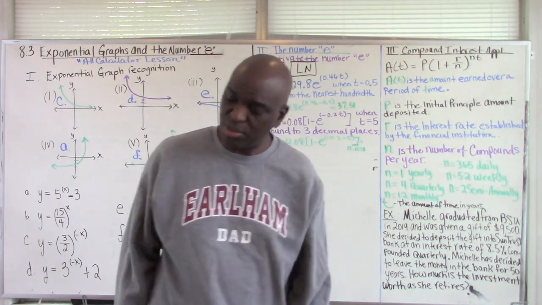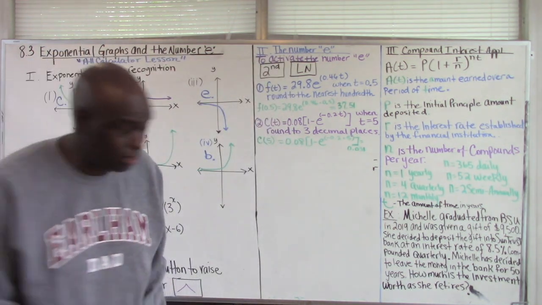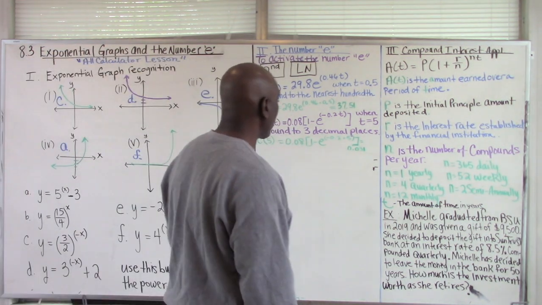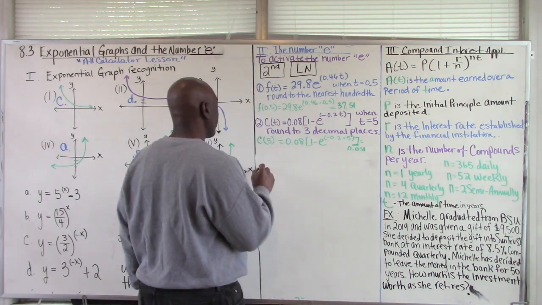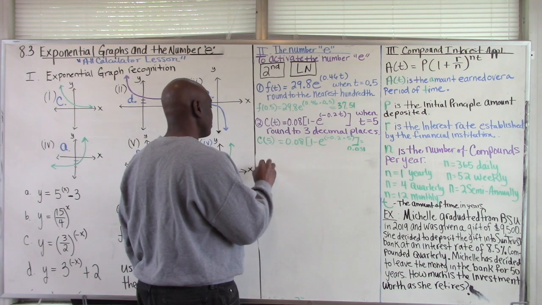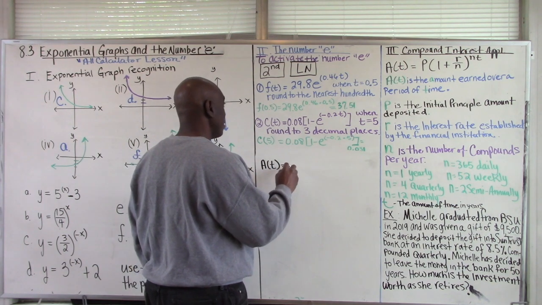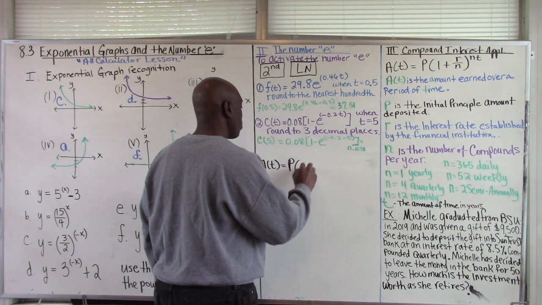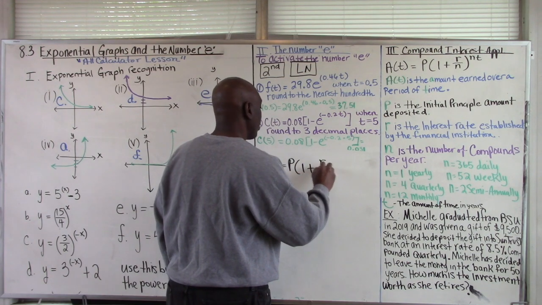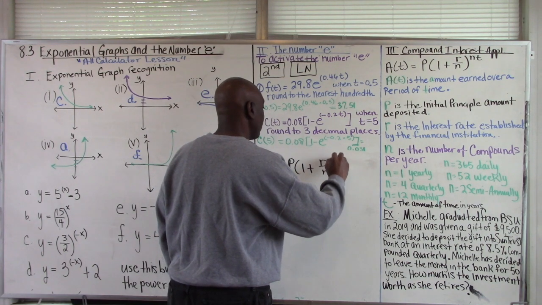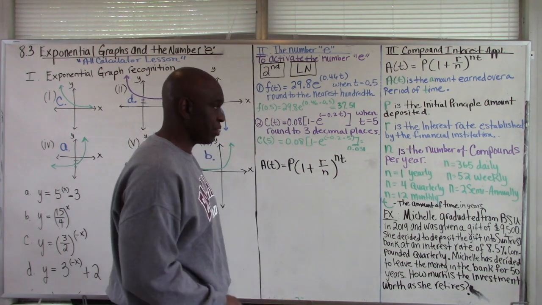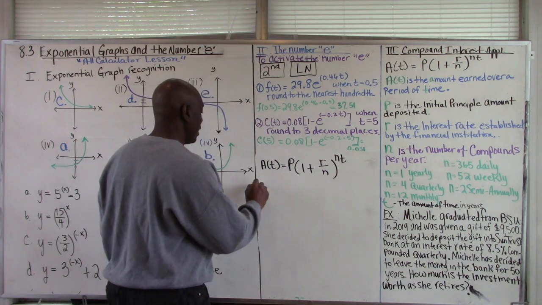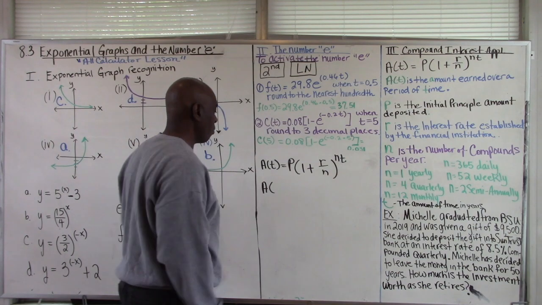Well, let's just see how much she's going to make. All right, we know this A of t is P times (1 + r/n) to the power of n times t. Let's start filling in some numbers here. What is t?